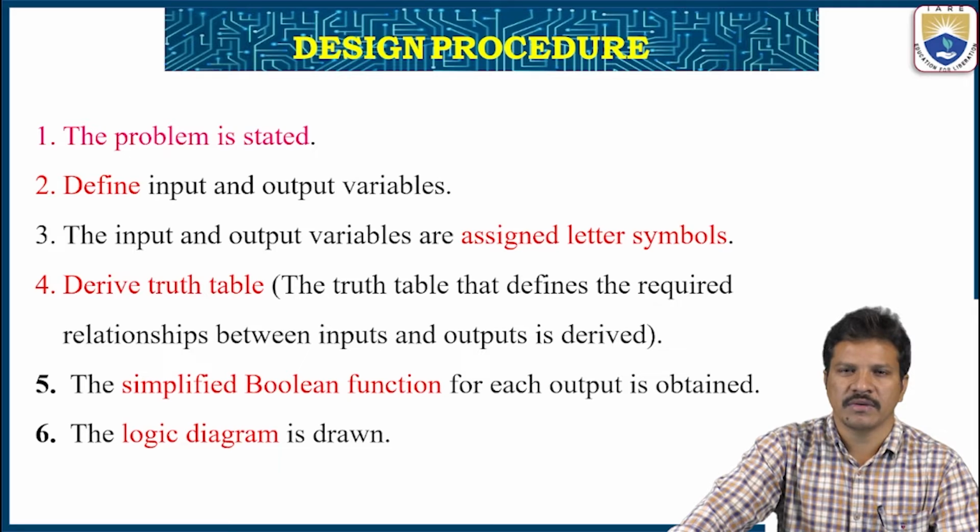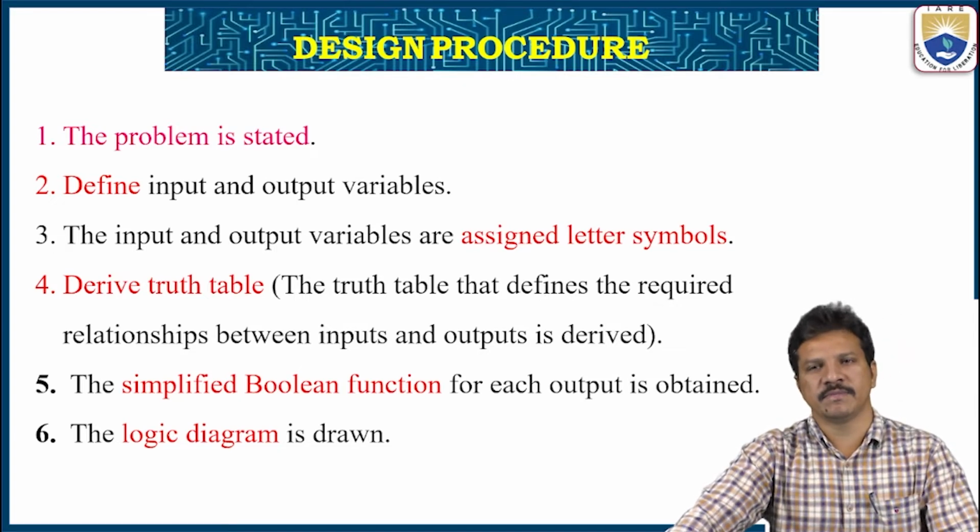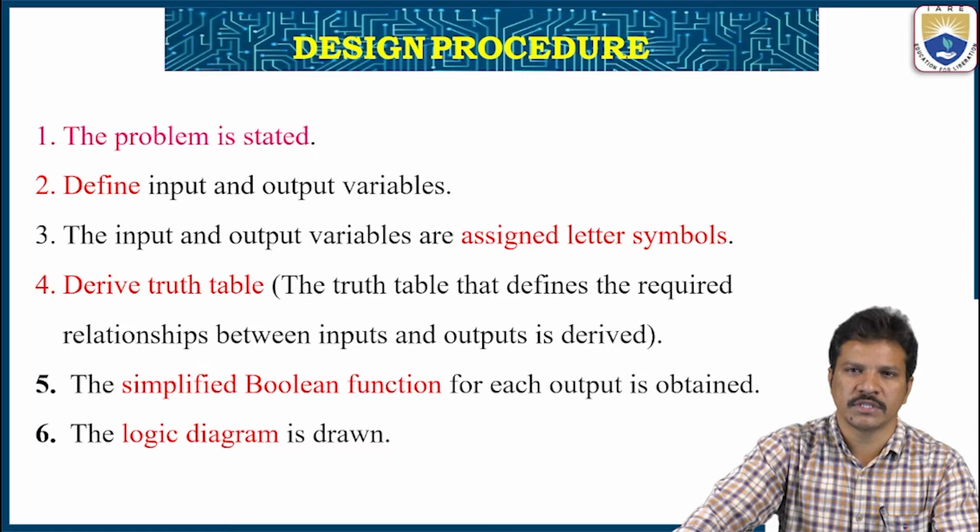Once defining those input and output variables, then assign English letters to those input and output variables, because these variables will be helpful in defining the Boolean functions. Once the letters are defined, then derive the truth table, which defines the required relationship between input and outputs.